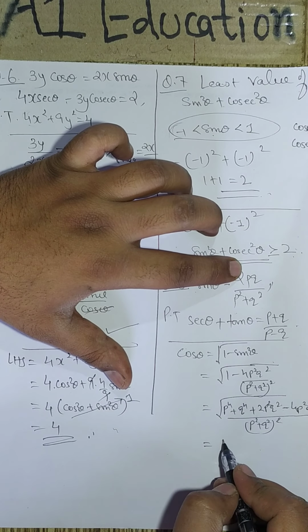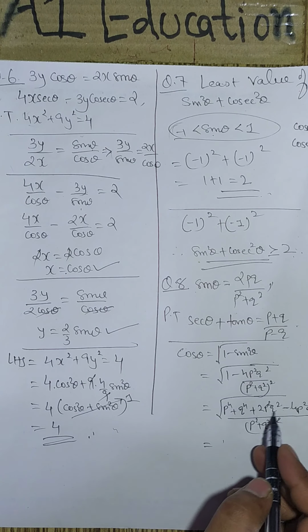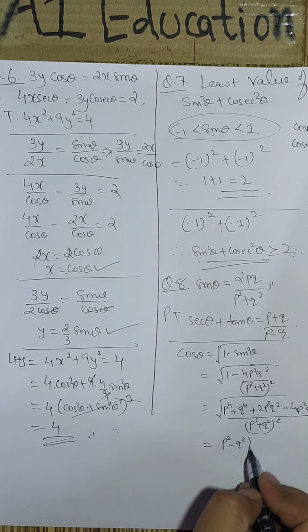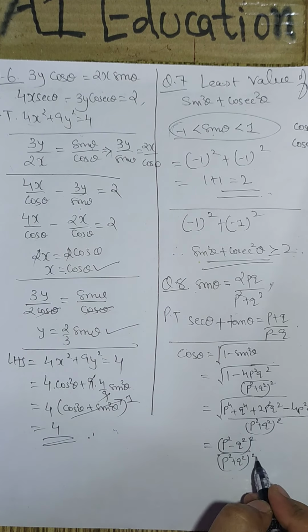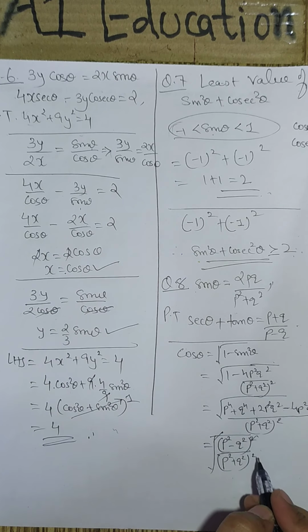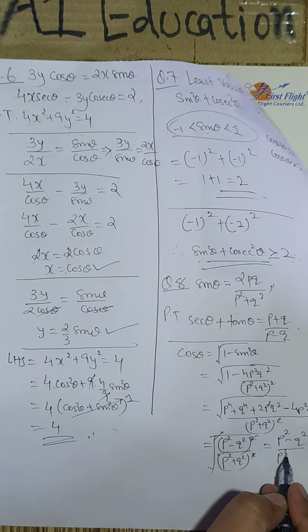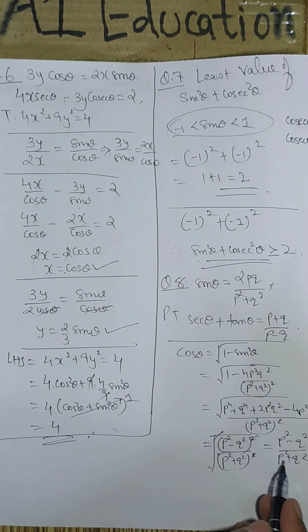In the next step, plus 2 p square q square minus 4 p square q square gives minus 2 p square q square. This can be written as p square minus q square whole square upon p square plus q square whole square, whole under the root. So root gets cancelled, leaving behind p square minus q square upon p square plus q square. So value of cos theta we have.